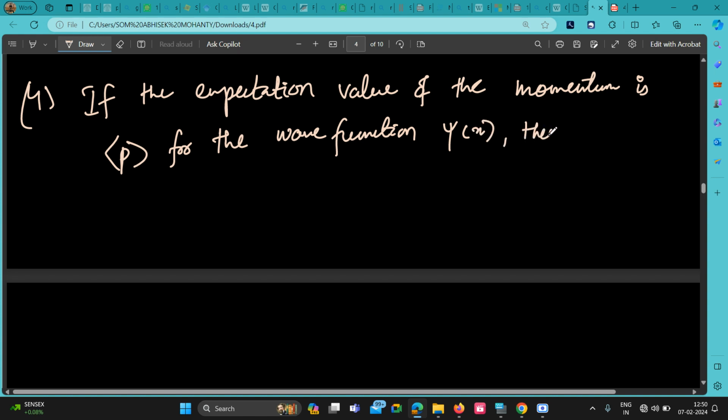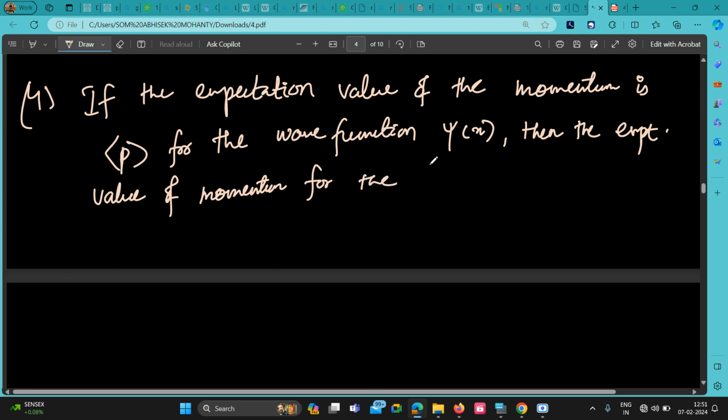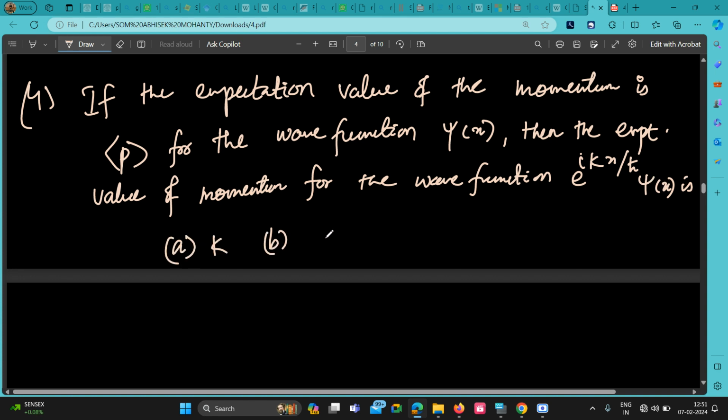Then the expectation value of momentum for the wave function e to the power i k x by h cut psi x is: option A, k; option B, p minus k; option C, p plus k; option D.